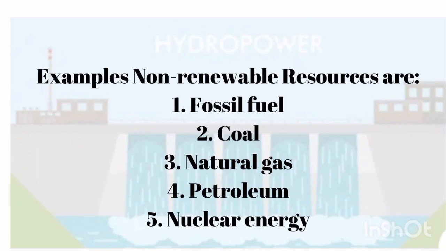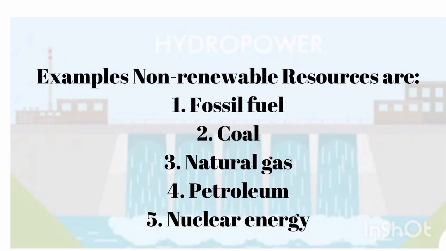Fossil fuels are non-renewable energy sources. This means that they will ultimately be finished, which is why energy prices are rising. Fossil fuel consists of coal, natural gas, and petroleum. Number 2, coal.